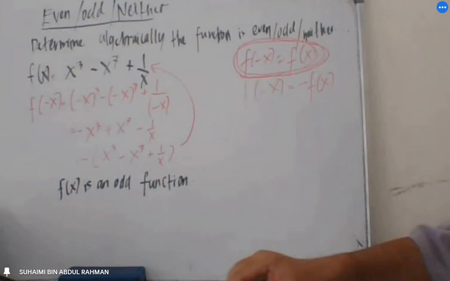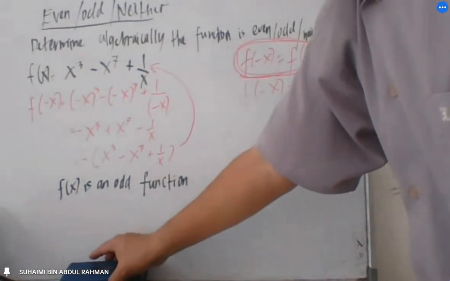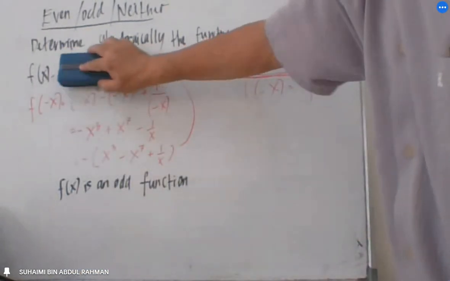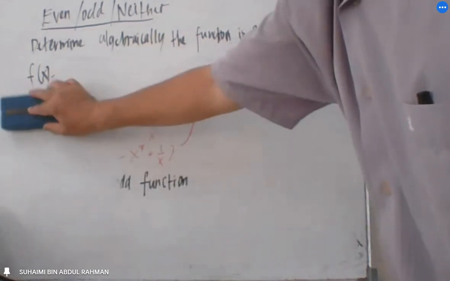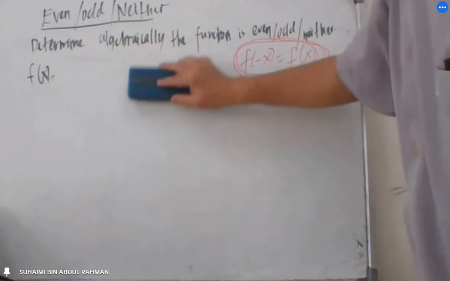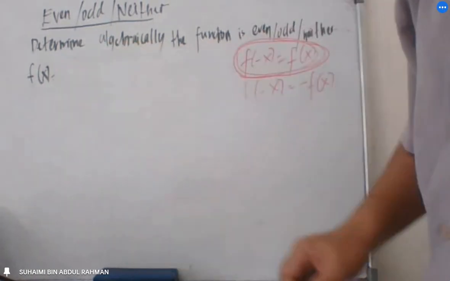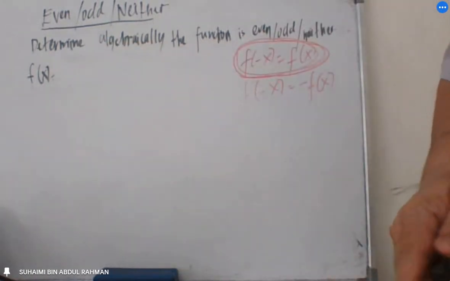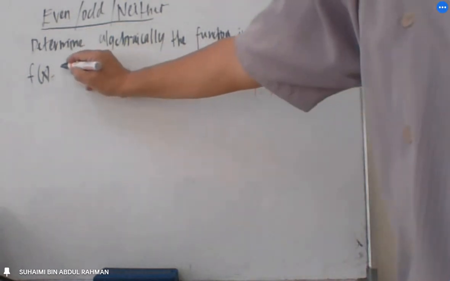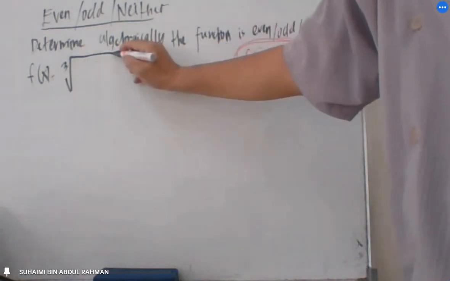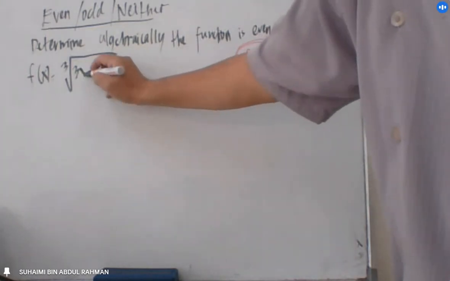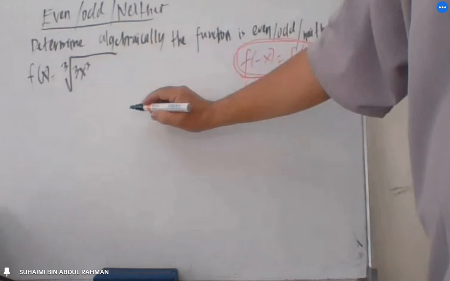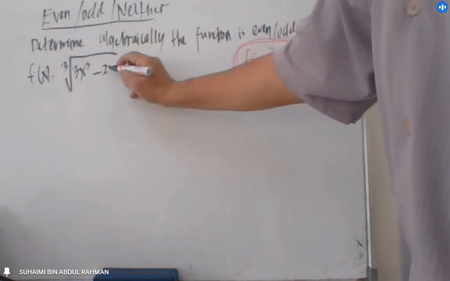Now, again, we change the function with the cube root of 3x to the power of 3 minus 2x.